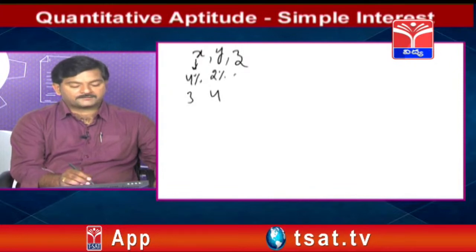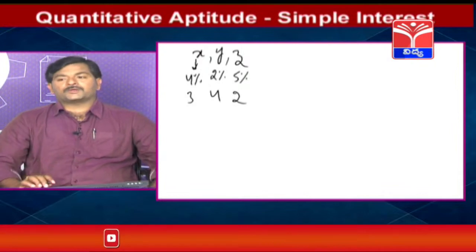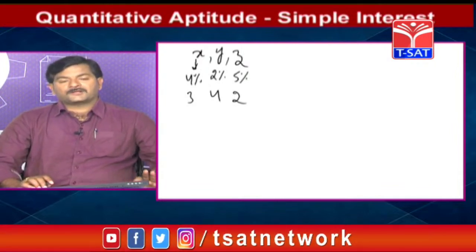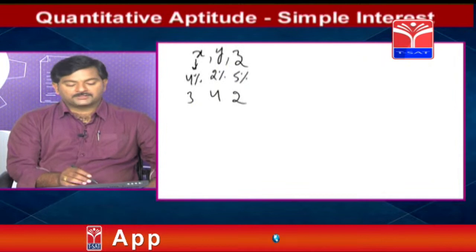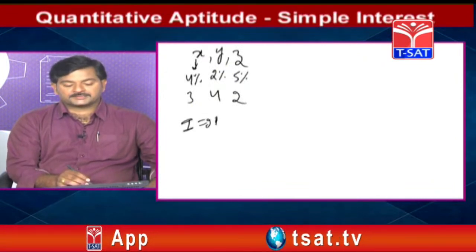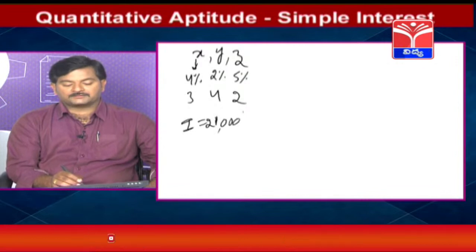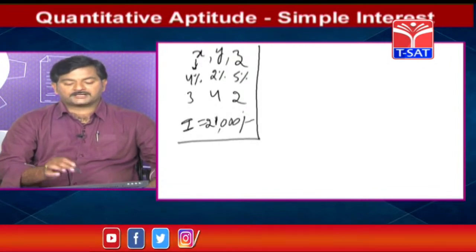And the third one is rate of interest is 5% for how many years, 2 years. So these are the values what he given. Okay, and total interest is how much given, rupees, I think 21,000. Yes, total interest is rupees 21,000. Okay, so this is the condition what he given.